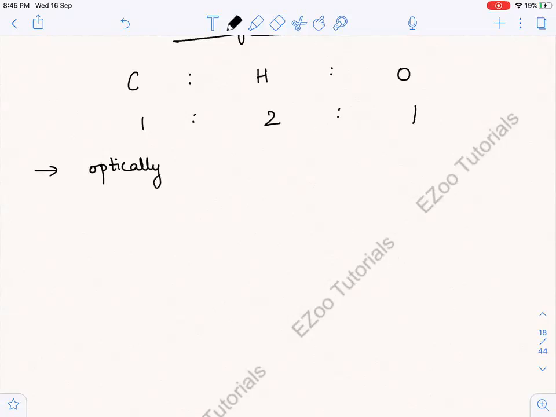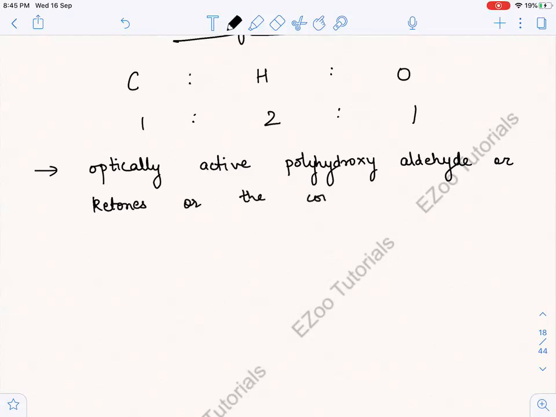Carbohydrates are optically active polyhydroxy aldehydes or ketones, or the compounds which produce such units on hydrolysis. Okay, so this is what we learned.